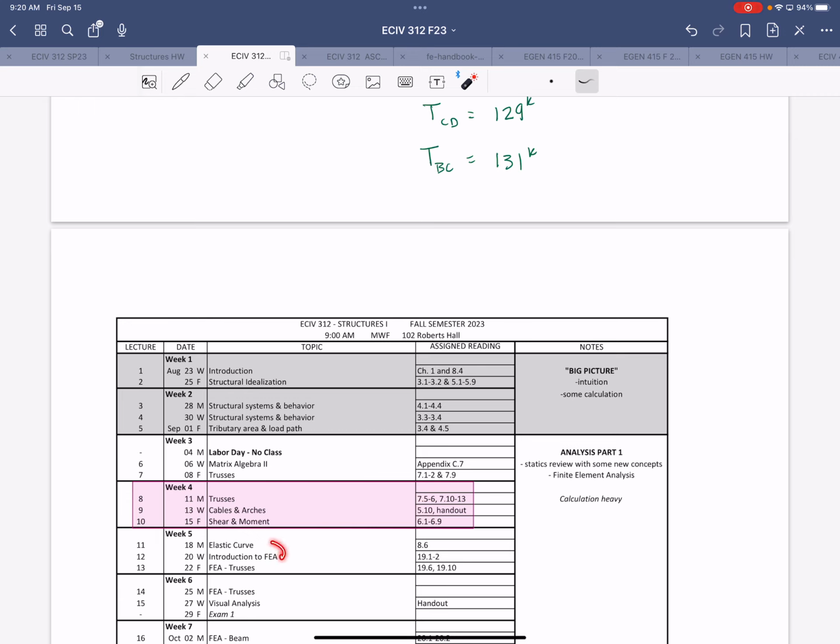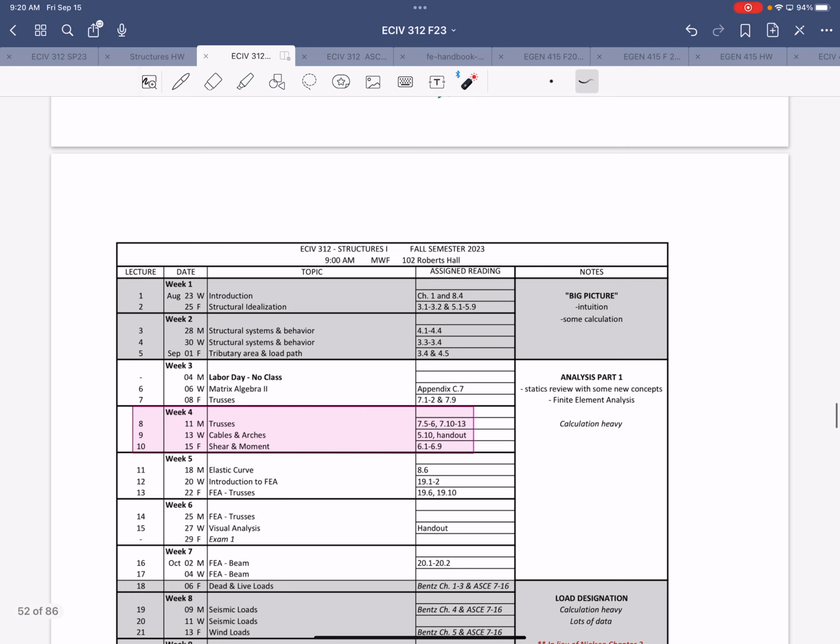So depending on how much time we have left, we might start FEA on Monday. So just be prepared in case we do. However, elastic curve will be the last topic that is on exam 1.